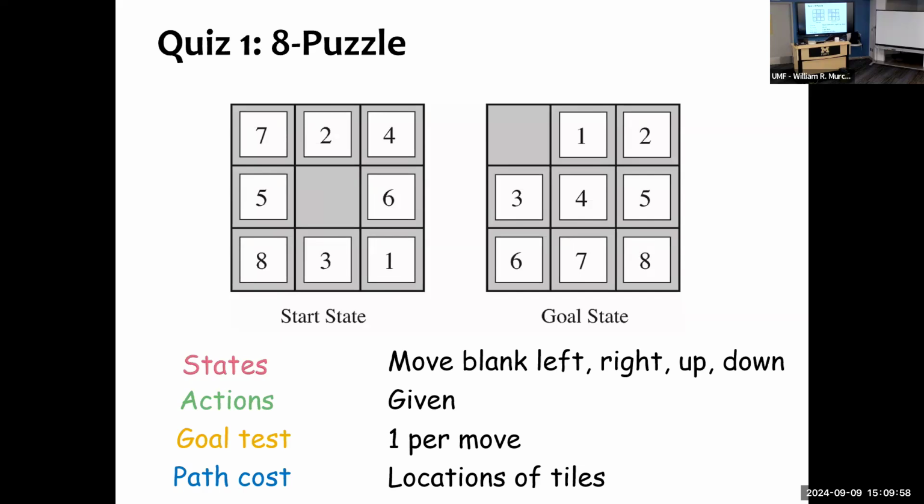Moving something is a state or an action or a goal or a path? Is an action to move, or is the action already given in the situation, or is the action just one per move, or is the action the location of that? So path cost, is it this or this or this or this? Just to select.